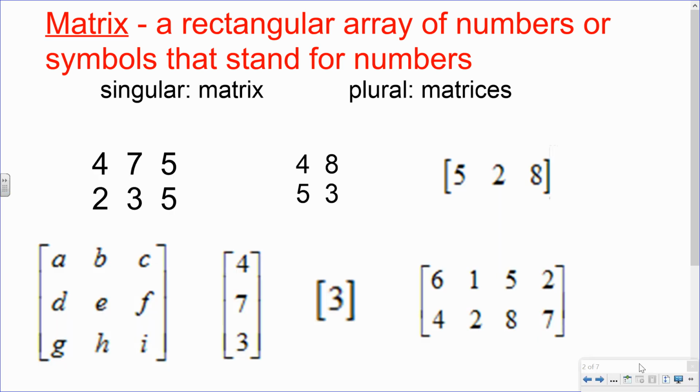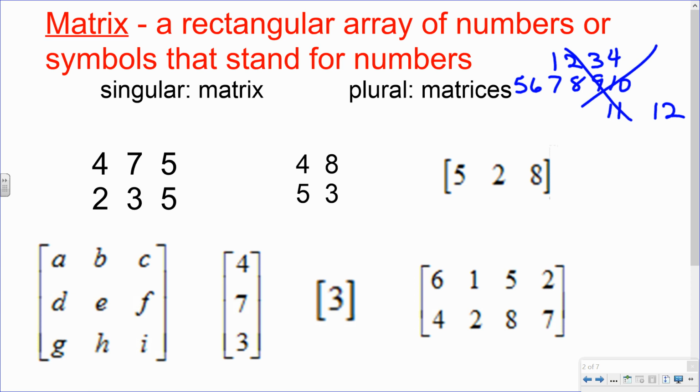So here are a bunch of examples of matrices. Something that would not be a matrix is not arranged in a rectangle. But you see how all of these are.